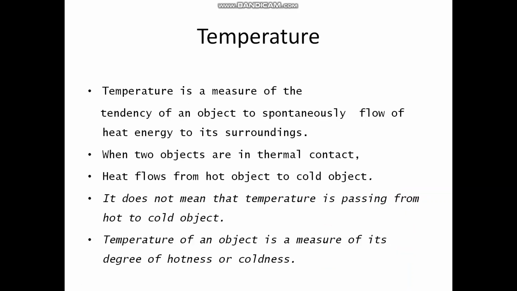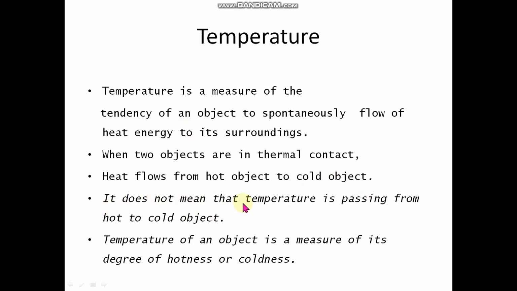Now, when two objects are in thermal contact, the two objects may be A and B, or two cups full of warm water and cold water. Heat flows from the hot object to the cold object.